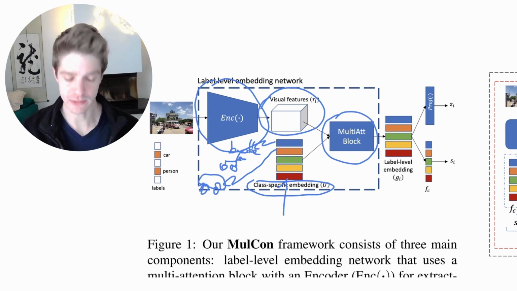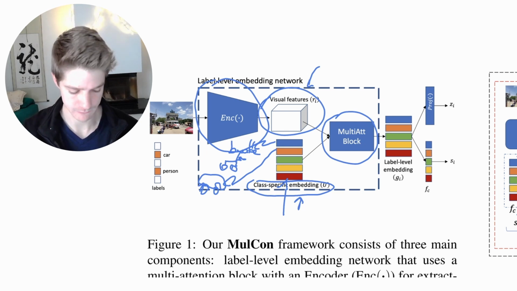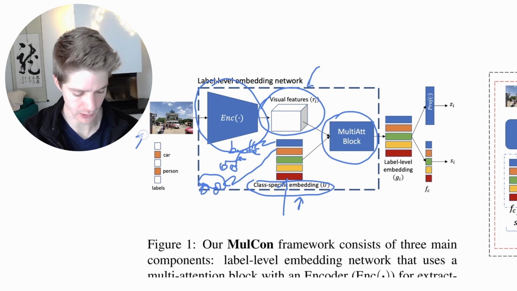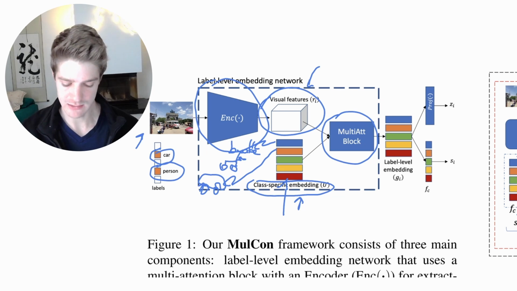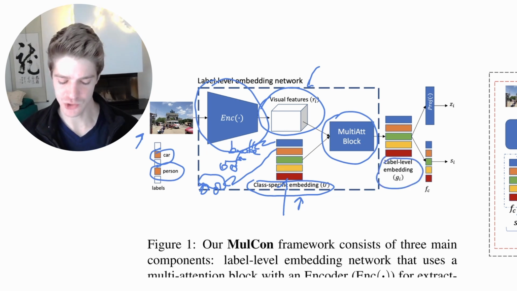And the multi-attention block takes as input this list of embeddings and the visual features of the image we are looking at. For example, our image contains a car and a person. And what this multi-attention block will produce are these label-level embeddings, which are basically just the embedding of a particular class.